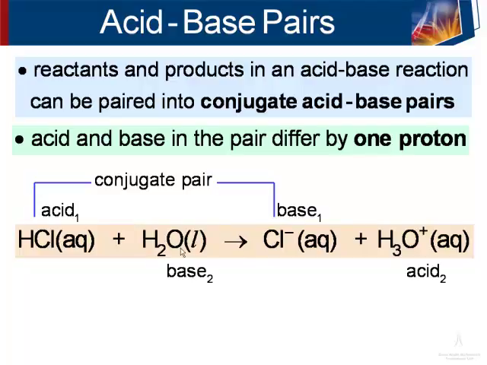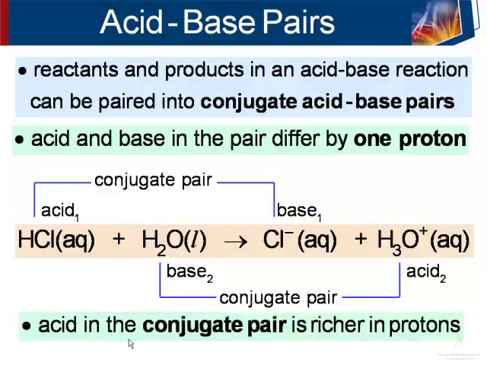Conversely, the water and the H3O plus ion are also another conjugate acid-base pair. The water is the base because it receives the proton, forming the H3O plus ion, which makes this one the acid. So the acid in the conjugate pair is the one that is rich in protons.